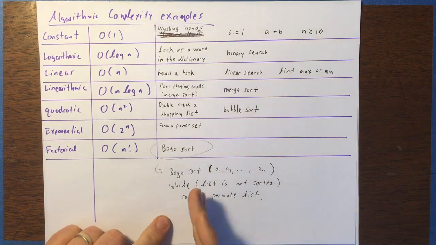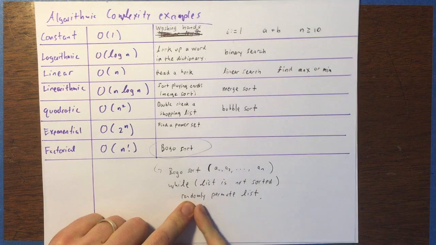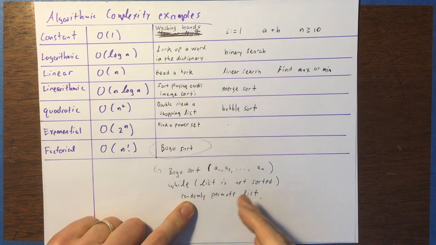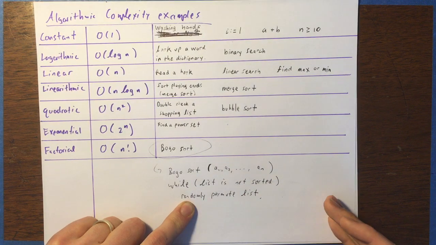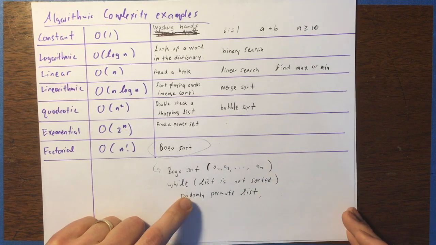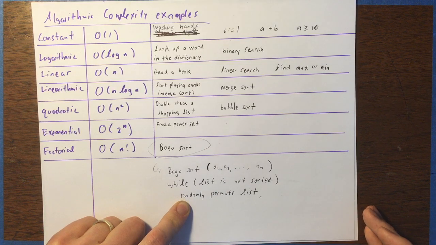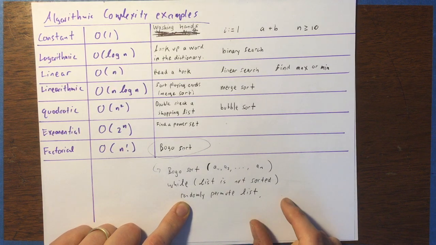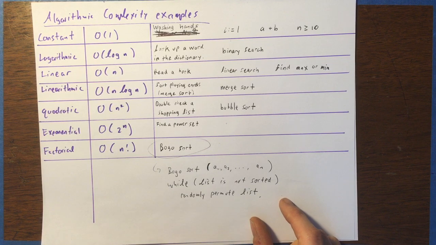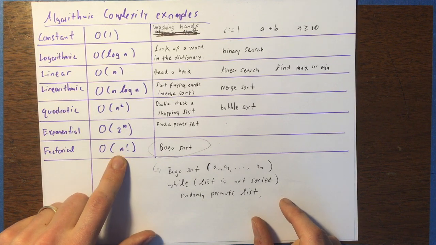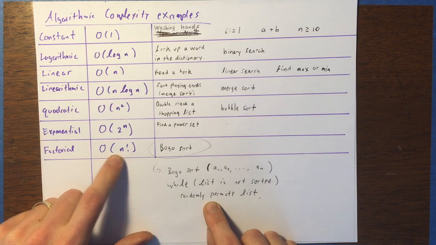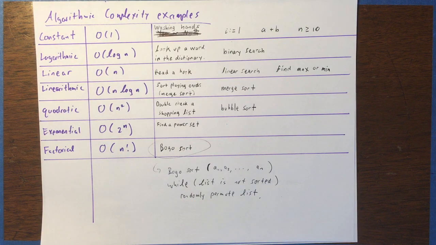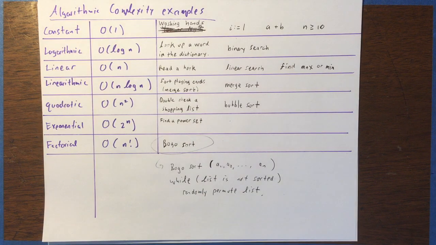And so if this process of randomly permuting the list is actually running through all the different possible permutations of the list, you're going to run through all the permutations before starting over. Well, then in that case, the worst case is actually big O of n factorial. So it kind of depends on how exactly you're doing the randomizing. But anyway, that's an example of Bogo sort.